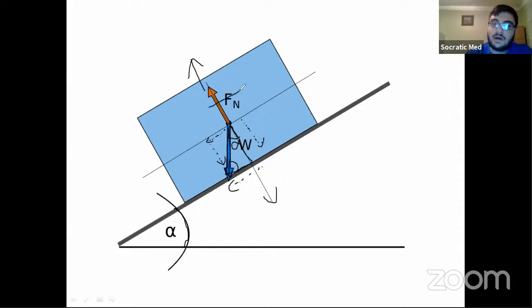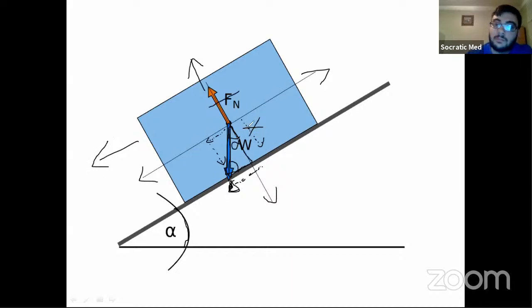So that means this Fn and this component cancel each other out completely and give a net force of 0 because it's not accelerating in this direction. But it may be accelerating in this axis, and that's likely the case because we have this vector component going along that axis towards the left, but we don't have anything canceling out going to the right. So likely this object, this thing on a ramp, is accelerating this way.